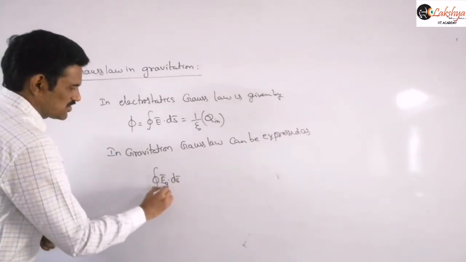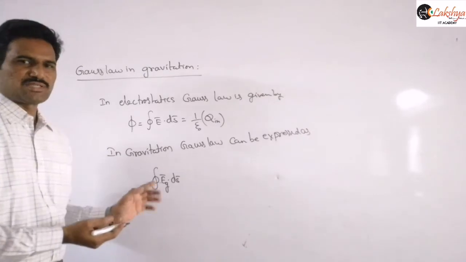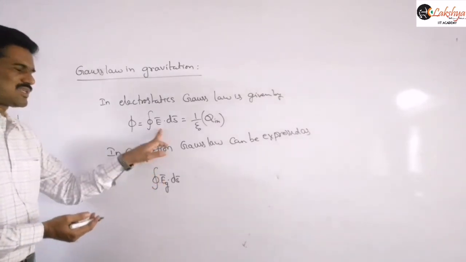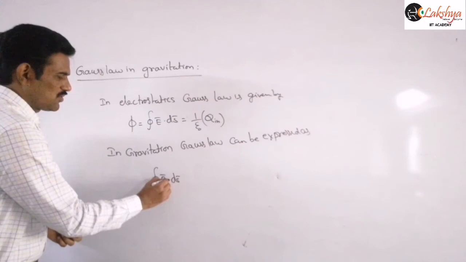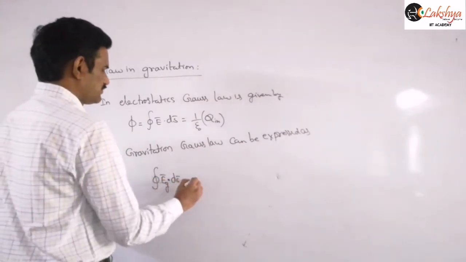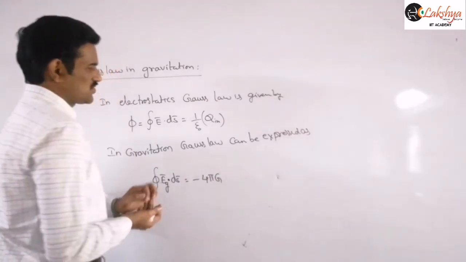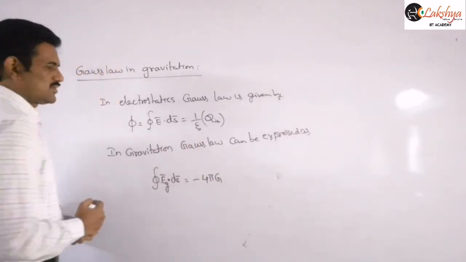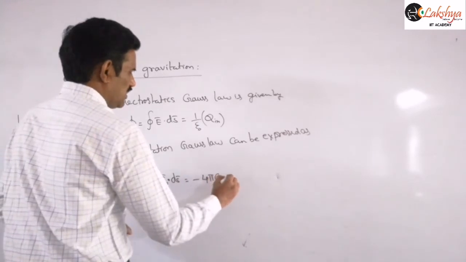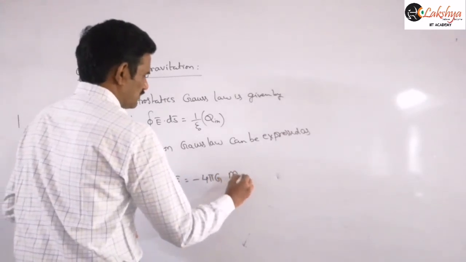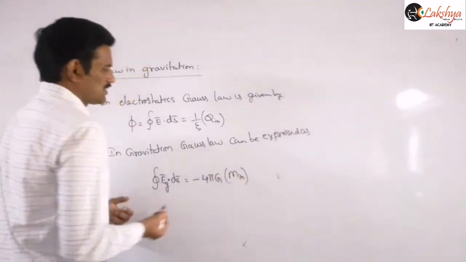Now this is the gravitational field, Eg, which I am representing, whereas here it is the electric field. Now the integral of Eg bar dot ds bar is equal to minus 4 pi G into M, in the sense of mass enclosed.